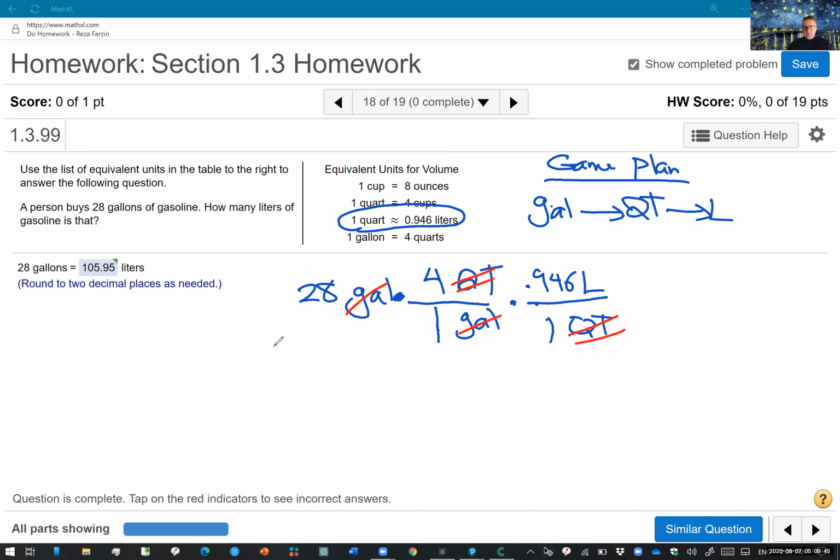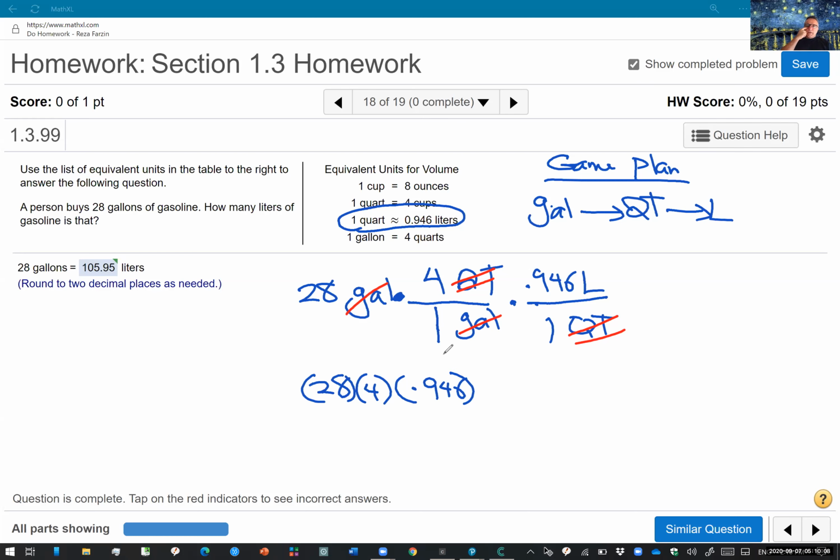All right, so what's left? 28, right? Times what? 4. Yeah, remember all of those are on the top, right? Yes. Times what? Times 0.946, right?